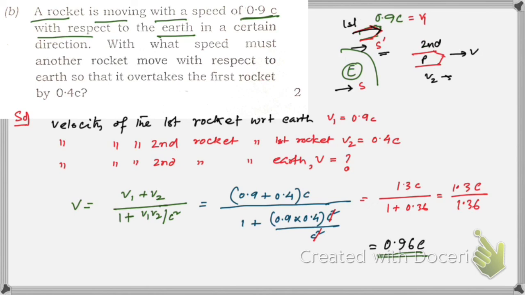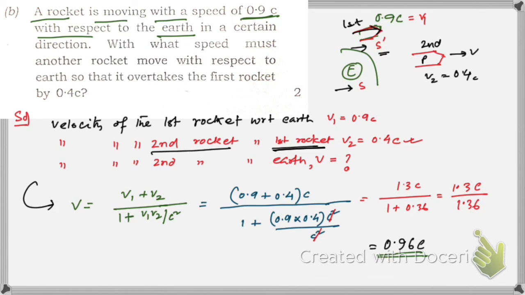So v2 is the speed of the second rocket with respect to the first rocket, and this is 0.4. Now we have used the relativistic law of vector addition.